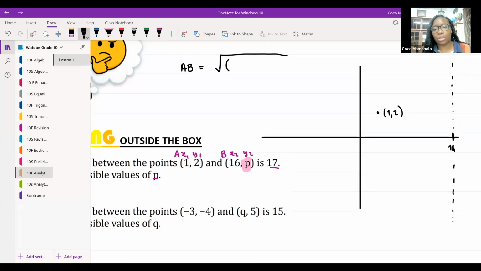I'm going to go x2, which is 16, minus x1, which is 1, all squared, plus, open brackets, y2, which is p, minus y1, which is 2, all squared, right? Now, they tell me that AB is actually equal to 17. So I'm going to replace my AB over here with the answer they've given me. They've told me that this is 17, right?